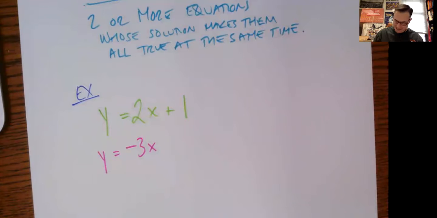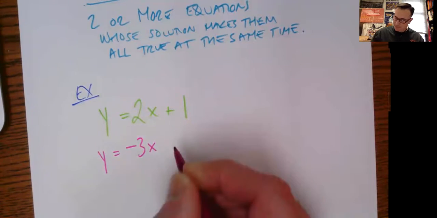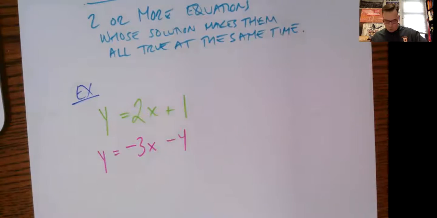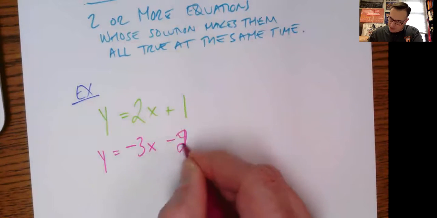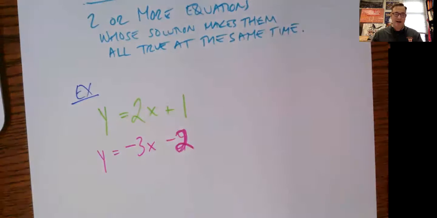So give me just a second. So that's going to be there, and that's going to be here. That'll be much easier. There we go. Negative 3x minus 4 should work. No, minus 2. Negative 3x minus 2. Sorry. Guys, I know how much fun it is for you to look at this.